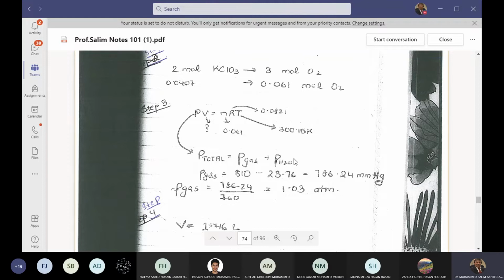I cannot put this value directly here. Why? Because R is in atm, so I have to convert by dividing by 760 and I will get 1.03 atm. Is this the correct number?